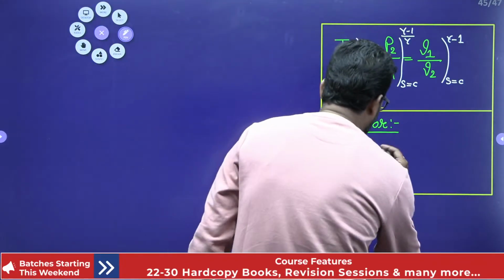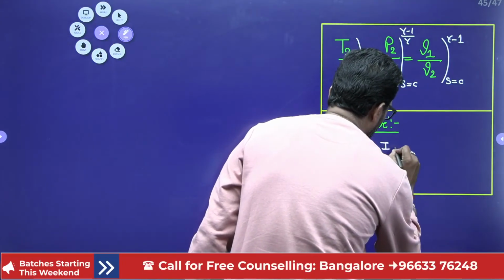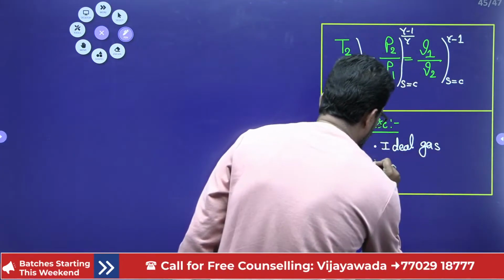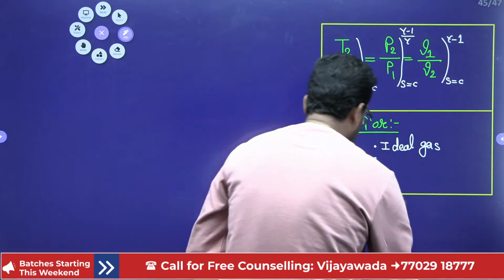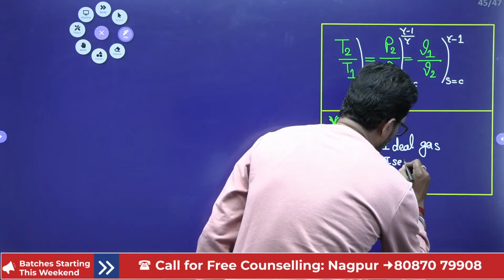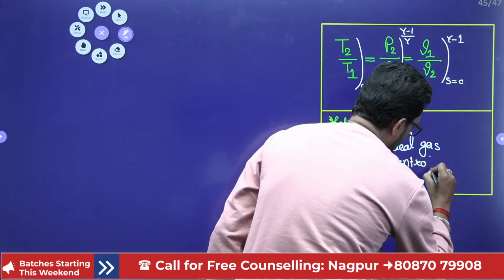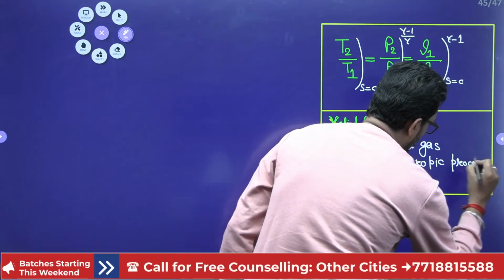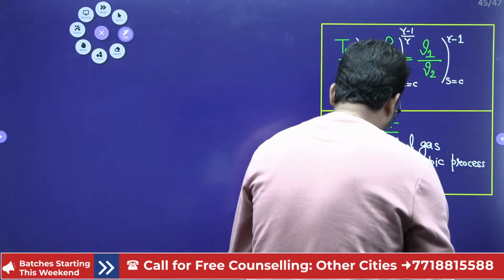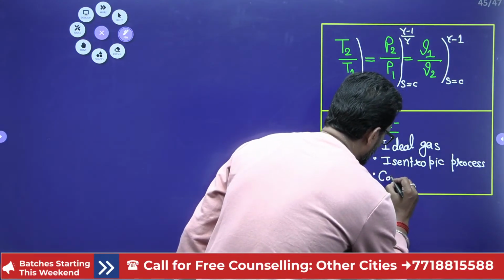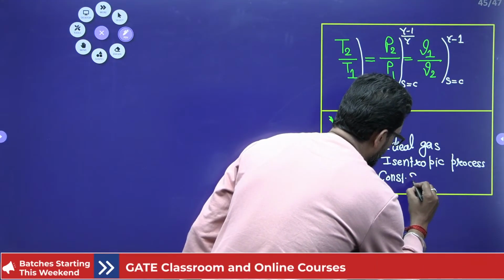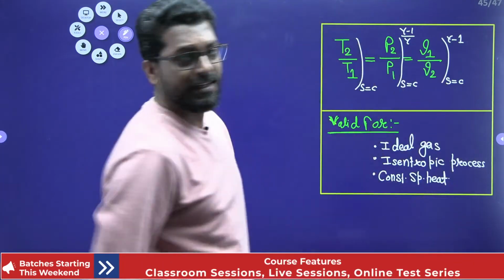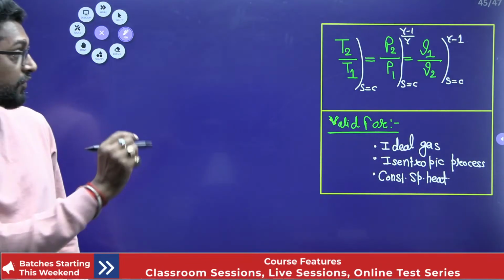That means an ideal gas, second is the isentropic process, and third is constant specific heat. Why? Because the specific heat doesn't depend upon the temperature. This is a very important line.